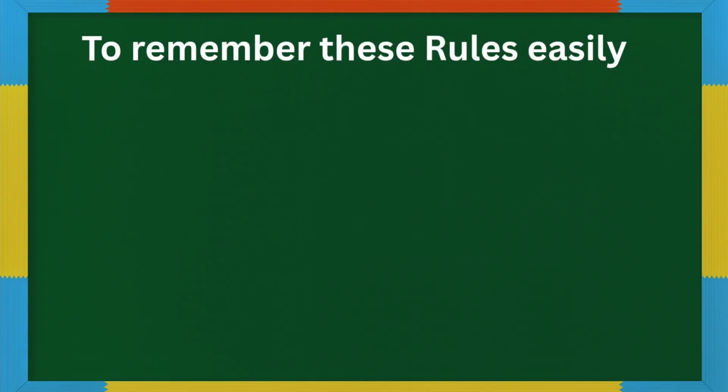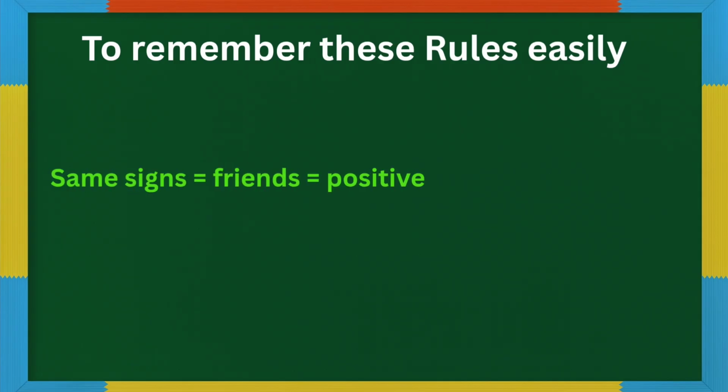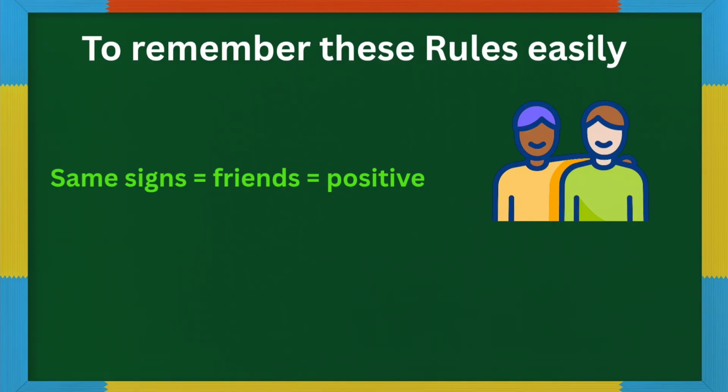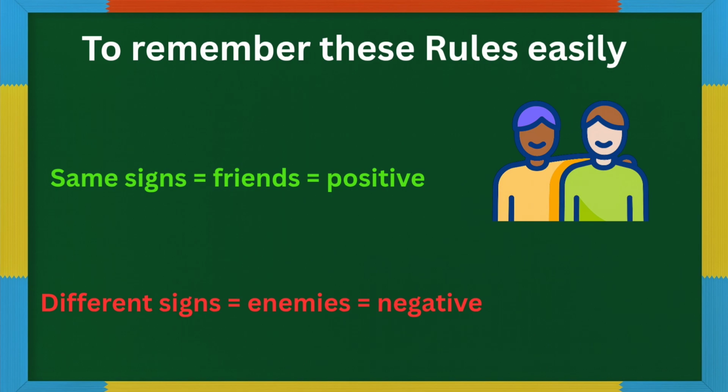Here is a funny and easy way to remember the rules. If the signs are same, think of them as friends. And friends always give a positive answer. But if the signs are different, think of them as enemies.